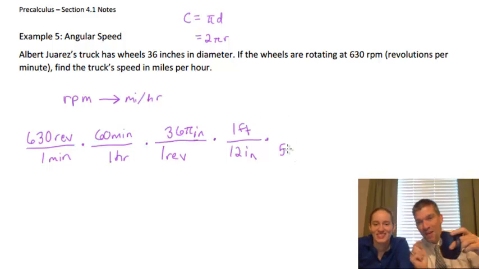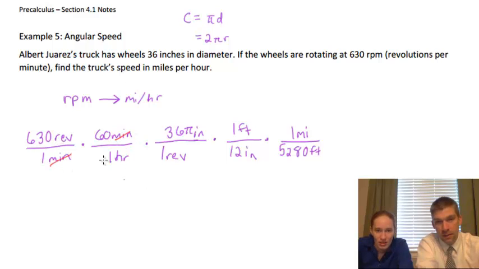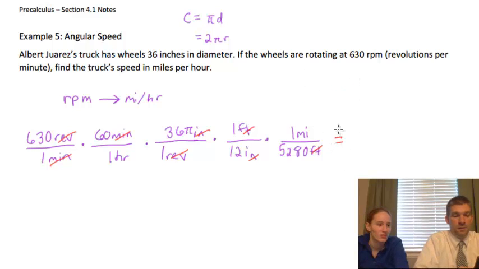And there's 5,280 feet in 1 mile. So we check and make sure, do we have all of our things, minute, hours, okay, rev, inch, feet. Yep. We've got mile. So we just multiply the tops together, multiply the bottoms, 630 times 60 times 36 pi.